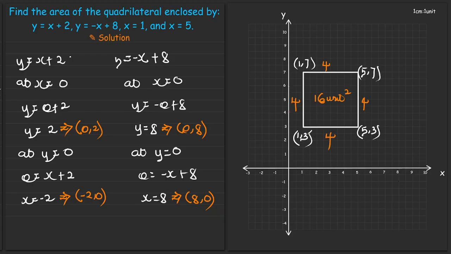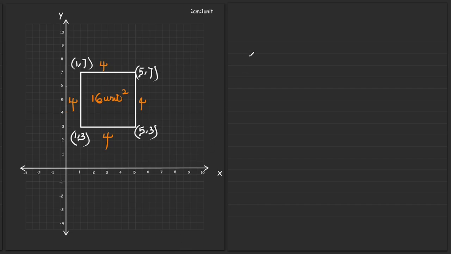But if we wanted to actually use the shoelace method, then we have all our points. Let's see how we can use the shoelace method. Our coordinates are (1, 7), (5, 7), (5, 3), and then (1, 3).